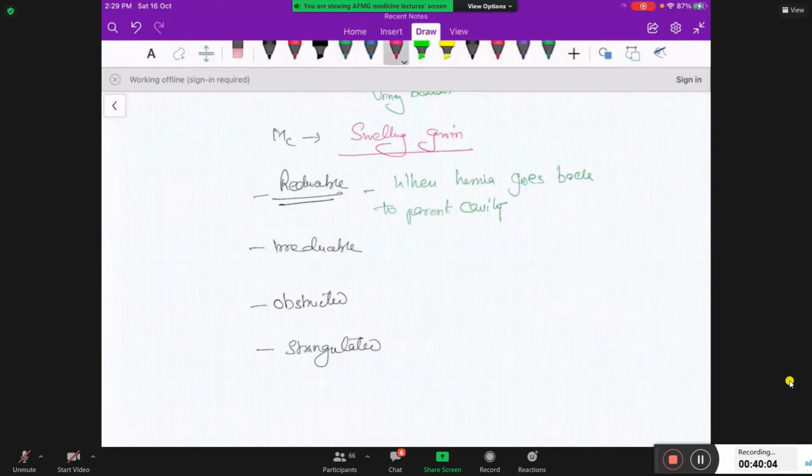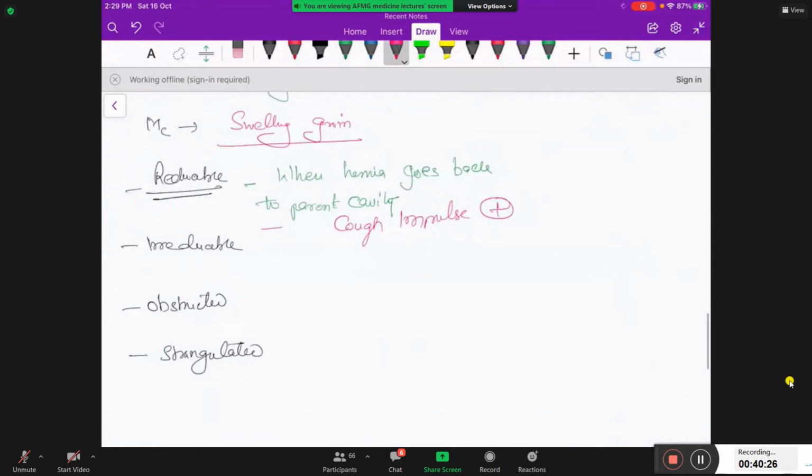And reducible hernias have a cough impulse present. When you ask this patient to cough, the swelling will come out and it will increase in size also if it is already there. So this is called cough impulse positive, right?